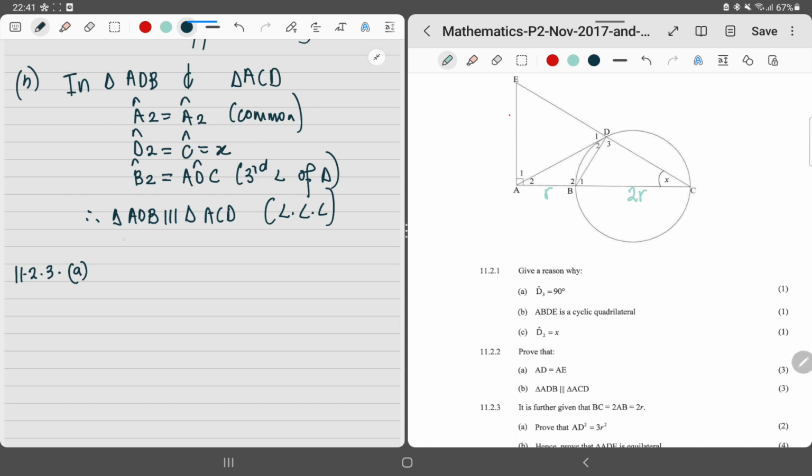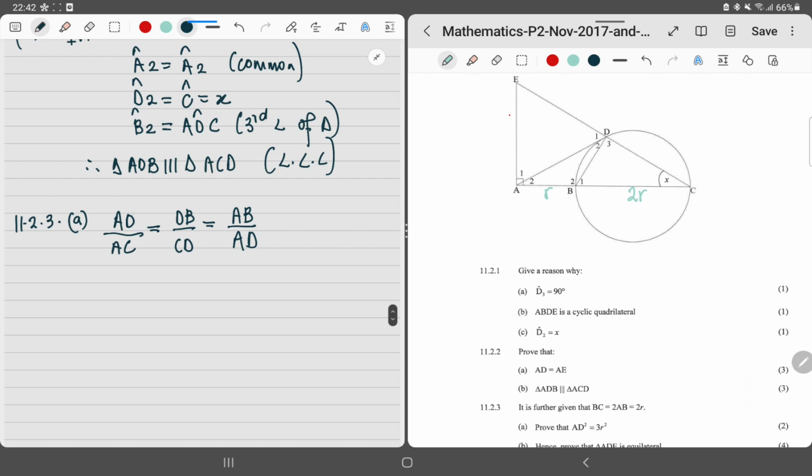And then we just use AD over AC is equal to DB over CD, which is equal to AB over AD. So I am looking for AD. AC I do have, and DB I don't have, but I do have AB.